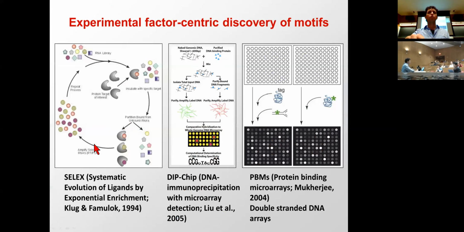Or I could do evolutionary rounds of selection where, for every protein, I keep all of the DNA sequences that it recognizes, and keep filtering until I find all the true DNA matches to that particular protein. Or conversely, I can use DNA to select proteins that bind it, do multiple rounds of selection, and then find the best protein match to a particular DNA sequence.